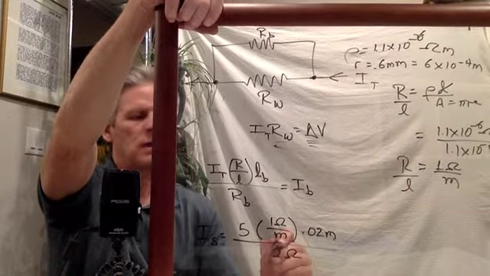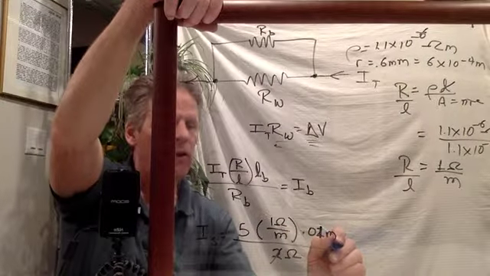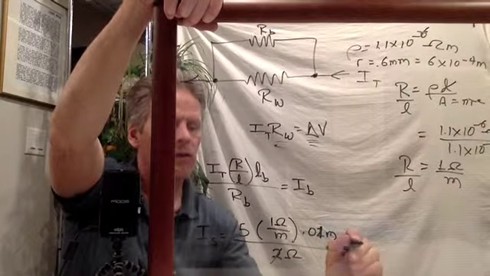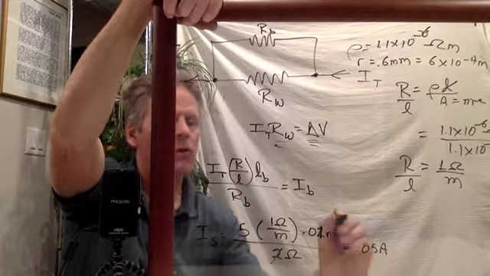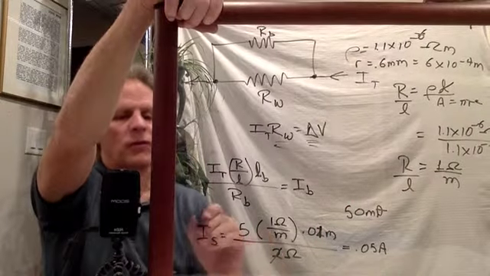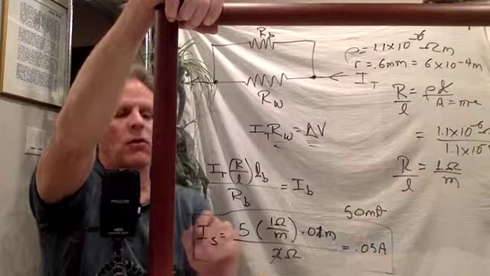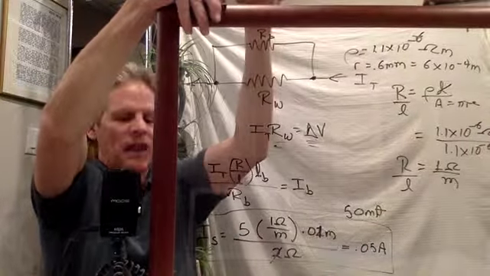And we can play around with some various things to make our lives a little bit easier, and we end up seeing that this is 0.05 amps or 50 milliamps. This is for our sparrow, and we know our sparrow is going to be able to flit away at the end of the day.